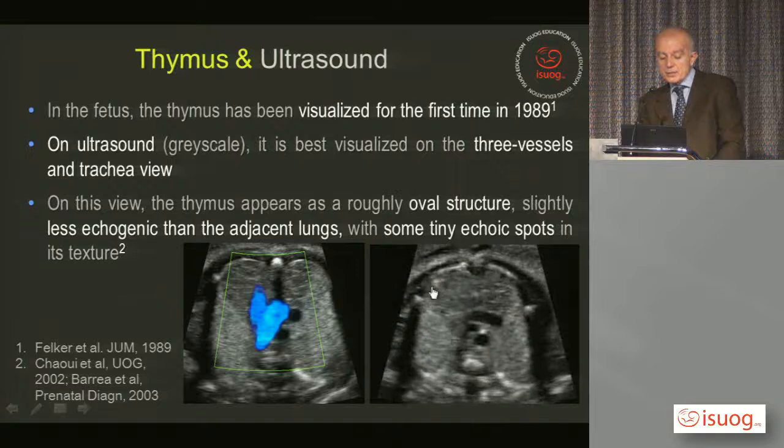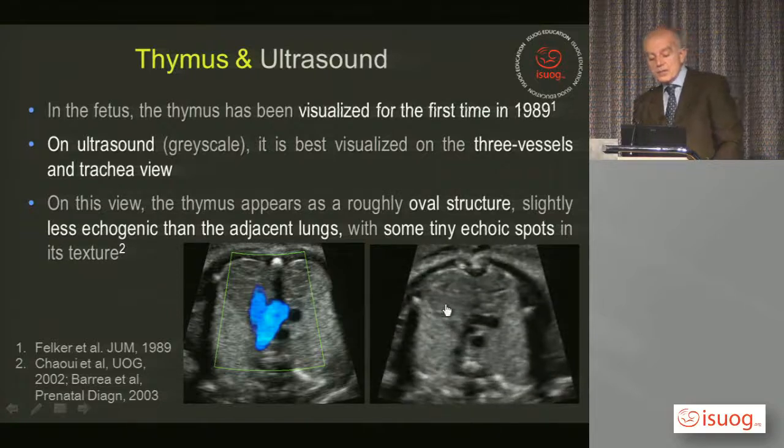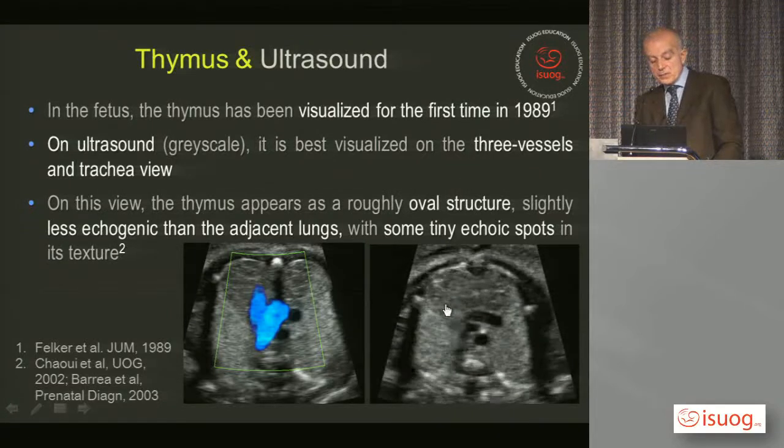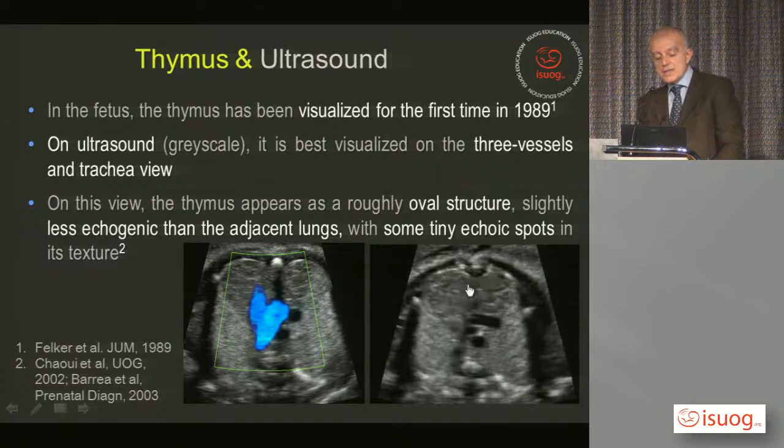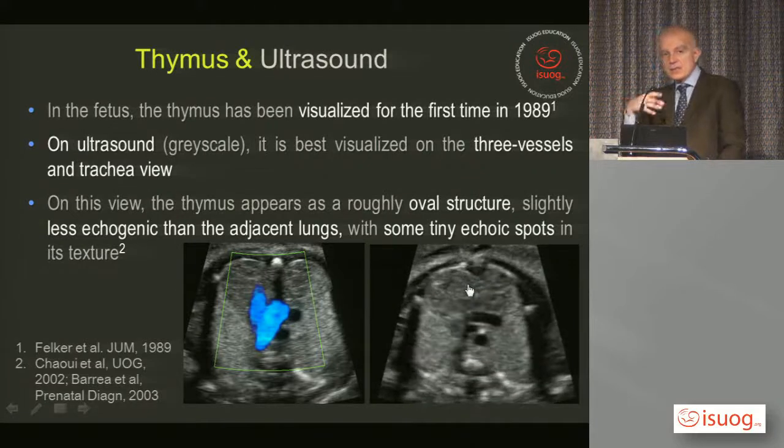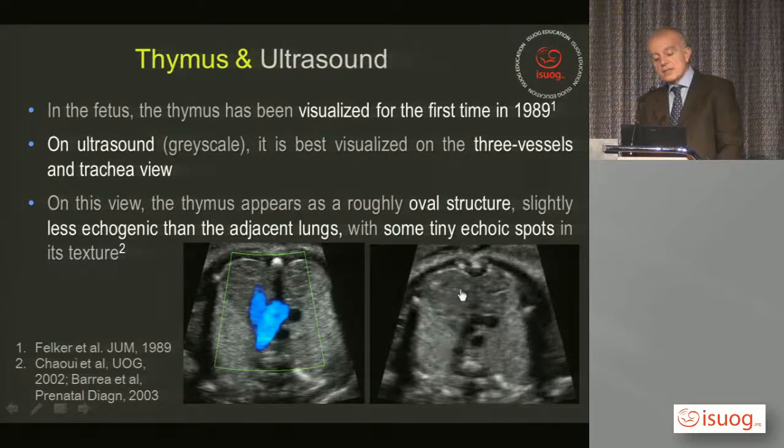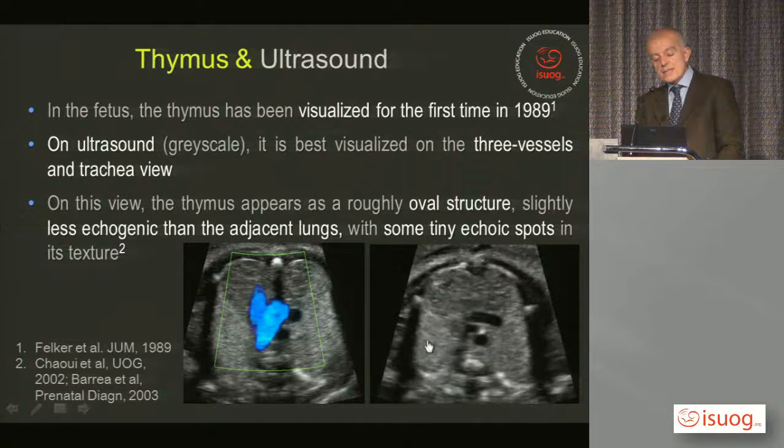And another thing that helps you to highlight it in comparison with the adjacent lungs is that since it sits on the heart, it transmits the heartbeat, the heart pulsation, less than do the two lungs that you see here.